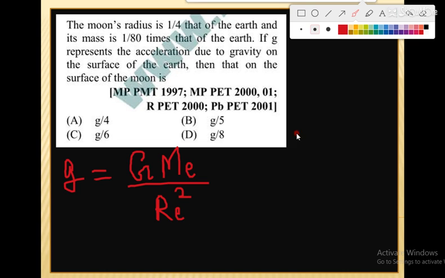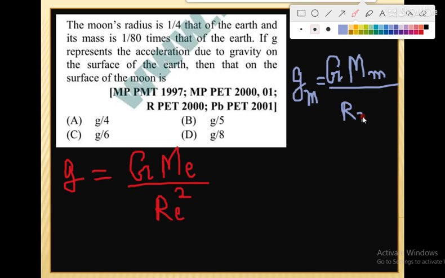Now I will discuss about g dash. What is g dash? Let's say g dash or Gm, acceleration due to gravity of moon. This is equal to G into Mm, mass of moon, by radius of moon, so this is the complete expression, radius of moon square. Now it is given that moon's radius is 1 by 4 times of earth and its mass is 1 by 80 times of earth.